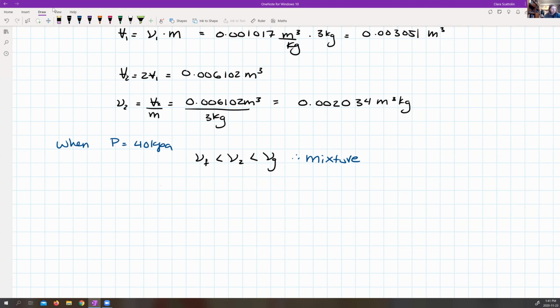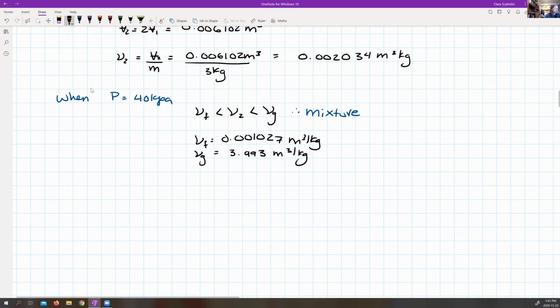So I did this comparison and I found that VF was equal to 0.001027 meters cubed per kilogram. And I saw that VG was equal to 3.993. So knowing this, I have all my numbers here. I can compute V2 is equal to VF plus X VFG.